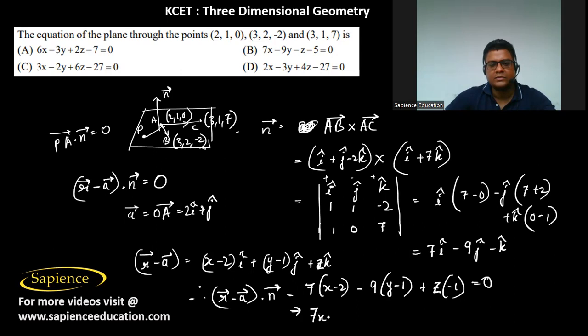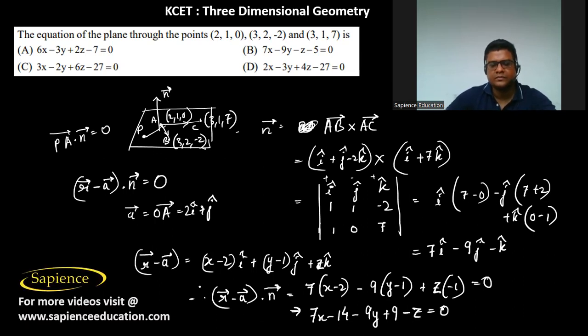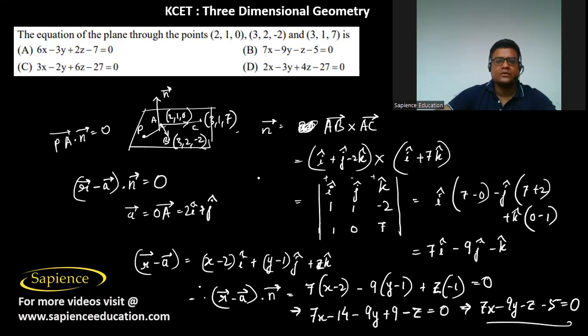So this will be 7x minus 14 minus 9y plus 9, then minus z, that should be equal to 0. So therefore I can say this will be 7x minus 9y minus z minus 5, that should be equal to 0. So therefore option B is the correct answer.